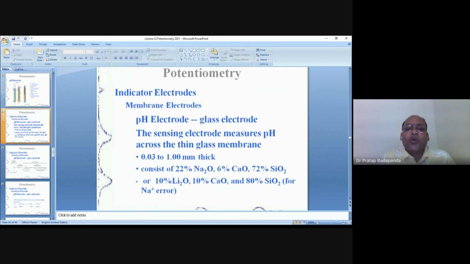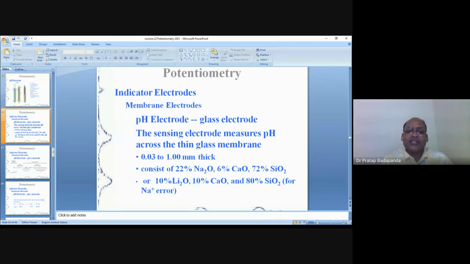Now, indicator electrodes: the membrane electrode as the indicator electrode. Around the pH electrode, the glass electrode, the sensing electrode measures pH across a thin glass membrane, 0.03 to 100 mm thick.